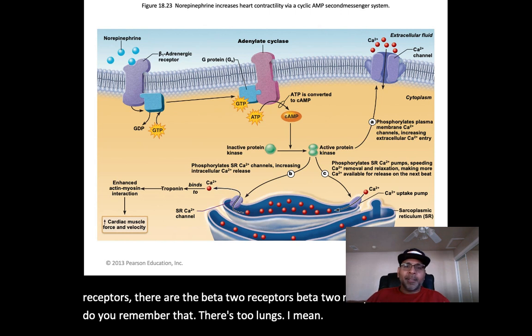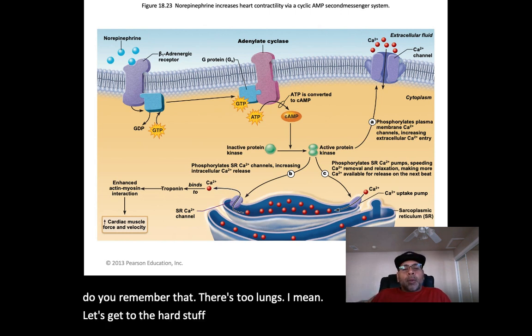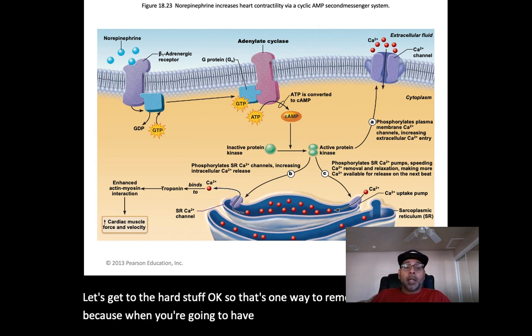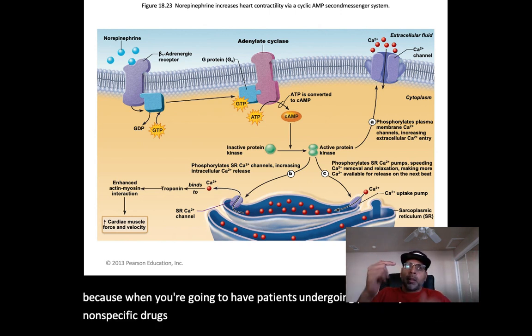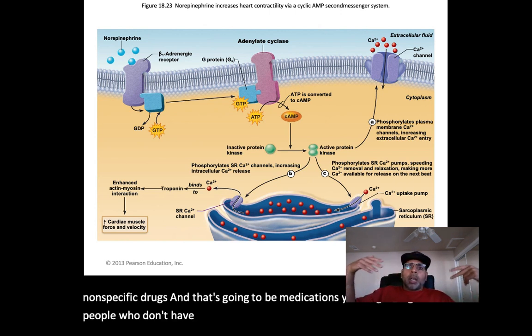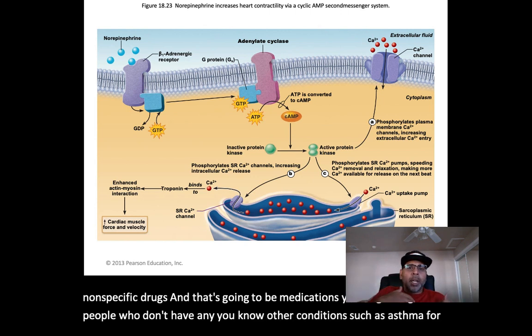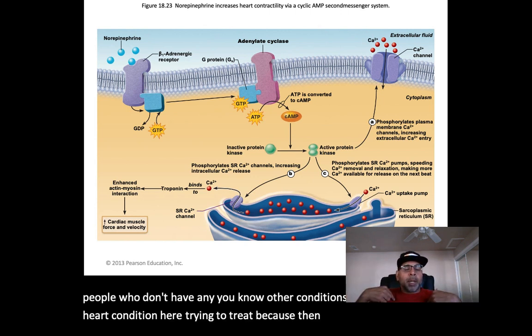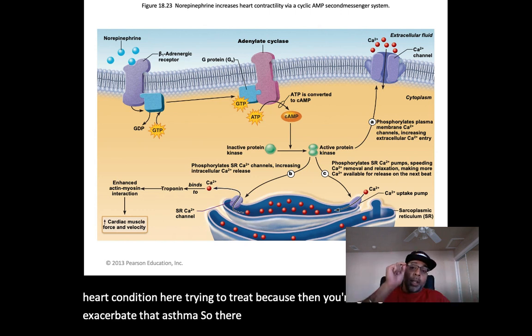Let's get to the hard stuff. So that's one way to remember beta 1, beta 2, because when you have patients, sometimes you're going to be giving non-specific beta drugs, and you have to be careful with people who have other conditions such as asthma, for a heart condition you're trying to treat, because then you're going to exacerbate that asthma. So it's going to get very specific: are you going to give beta 1 specific medications?